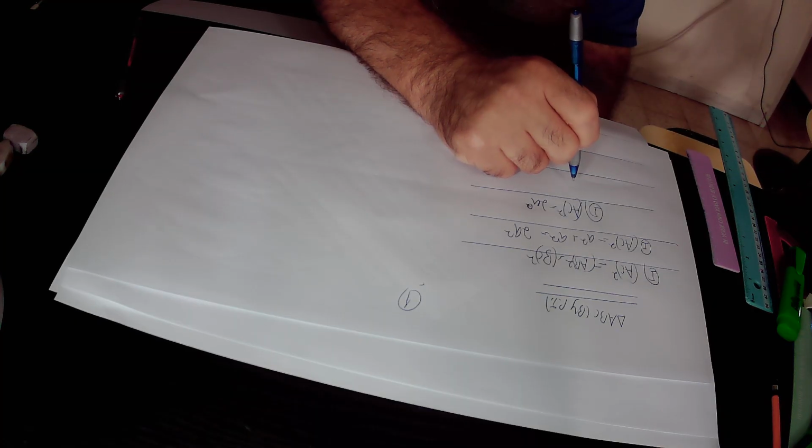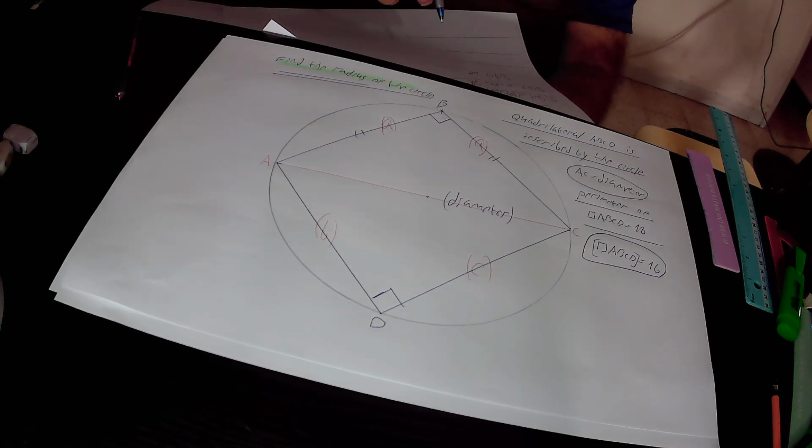So in the next step, we implement the Pythagoras theorem on this right triangle ADC.